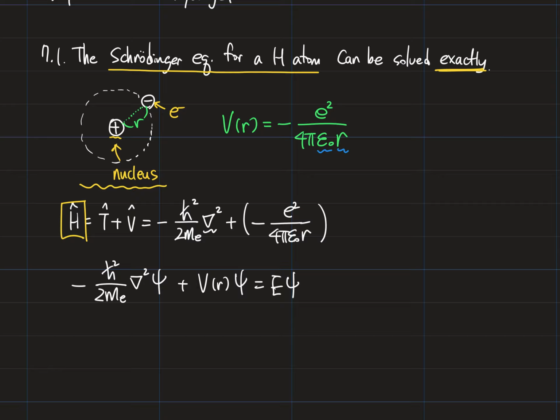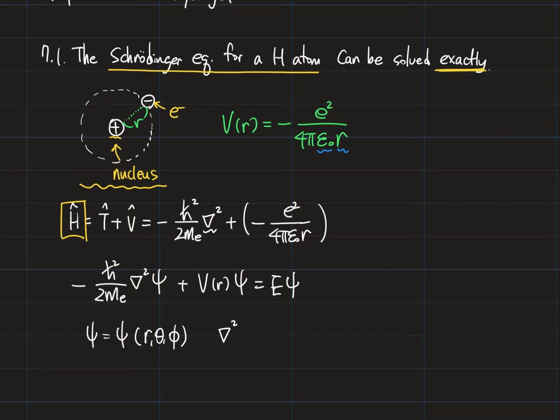So that means this system can be more easily described with spherical coordinates. So we are going to use spherical coordinates, and it means that the three independent variables are r, the distance, and theta and phi. It also changes the form of the Laplacian operator.